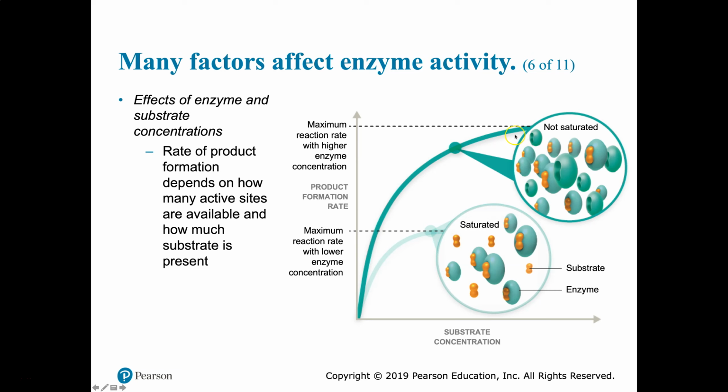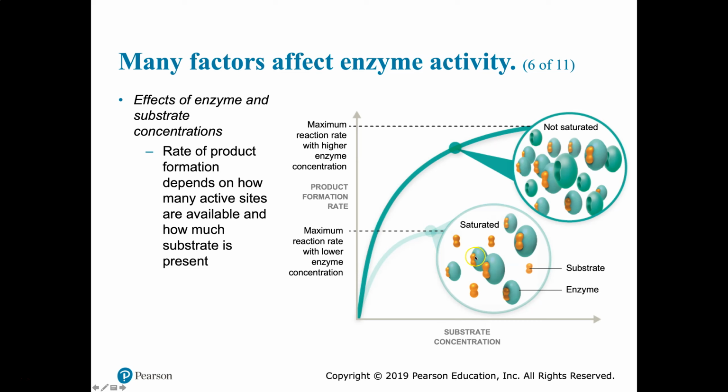So it maxes out at a certain concentration. This smaller one, or the lower one, is indicating that there's more substrate than there are enzymes, which means you can't get more products faster because, well, the maximum rate is limited by the number of active sites.